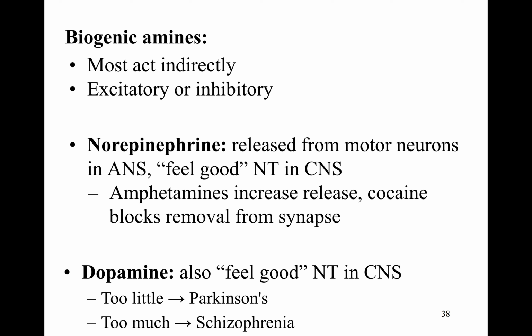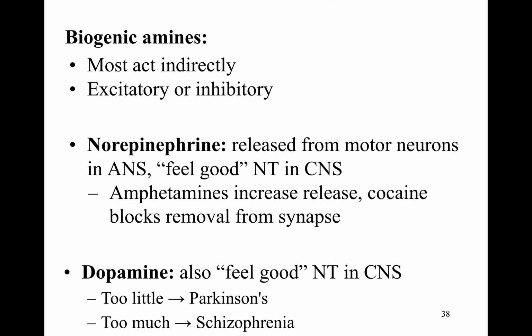Certain drugs impact norepinephrine's effects. Amphetamines increase the release of norepinephrine in the central nervous system, so that creates a high. Cocaine also creates that high, but does so in a different way, by blocking the removal of norepinephrine from the synapse.